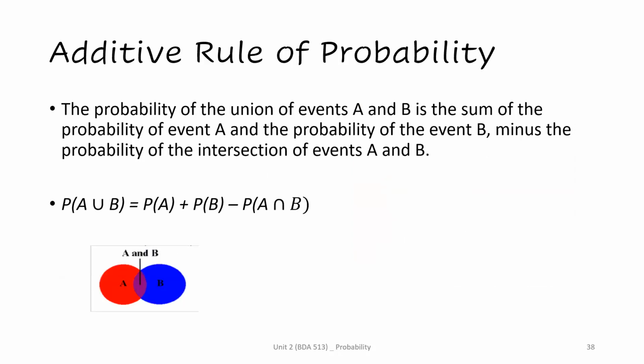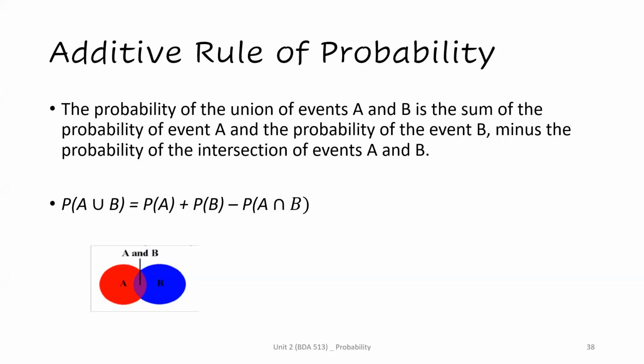Okay, so let's move on and look at other issues related to probability. So let's look at the additive rule of probability. Remember that where we have the intersection of A and B, in order to get the union, you don't have to count the intersection twice because it will amount to double counting.